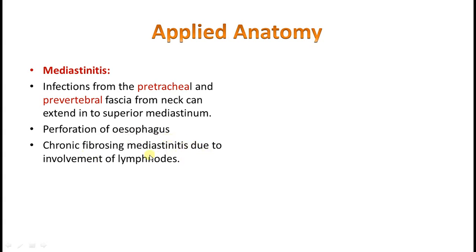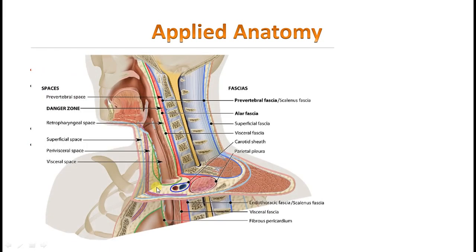Sometimes mediastinitis might be due to chronic fibrosing mediastinitis, where adhesions might take place and the structures fibrose due to involvement of the lymph nodes, and this is chronic, that is for prolonged infections of the mediastinum.